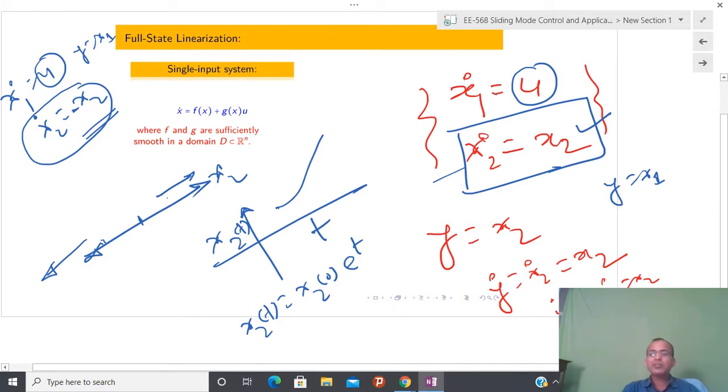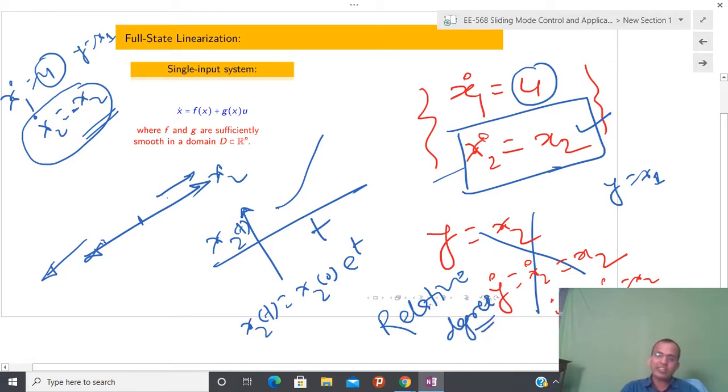In the previous case the output was x2, so we were not converging, and I cannot define the relative degree. I am giving this as a counter example, because I told you that relative degree cannot always be defined. Due to that reason I have given this example. So the relative degree is not defined.